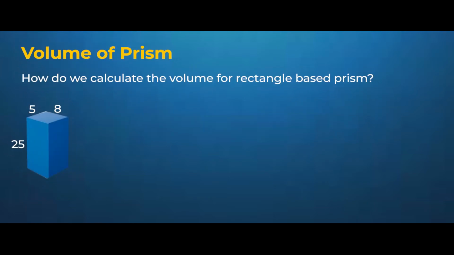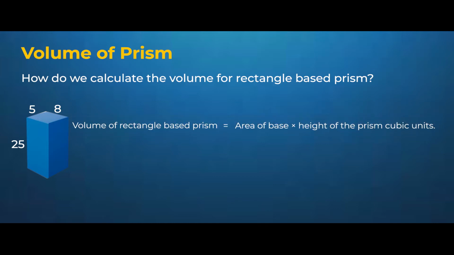How do we calculate the volume for rectangle-based prism? Here we have a rectangle-based prism whose height is 25 units, whose length is 8 units, and whose width is 5 units. So how do we calculate its volume? The volume of rectangle-based prism is area of base by height of the prism, which can be also written as AH in short.